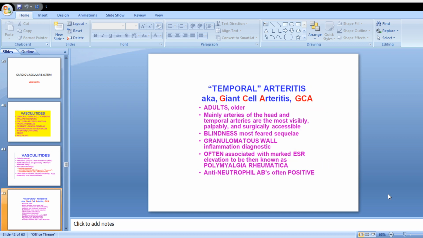The first important arteritis is temporal arteritis. It is also called giant cell arteritis, and involves mainly temporal arteries, and the age group is older adults.